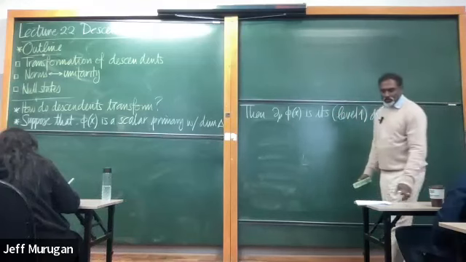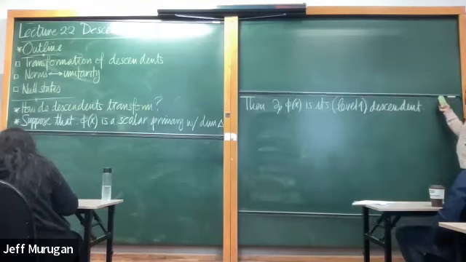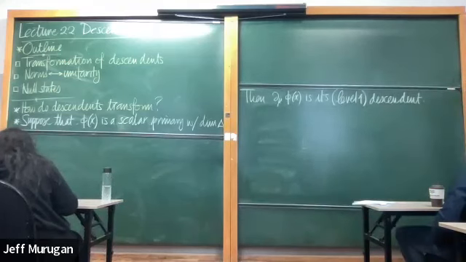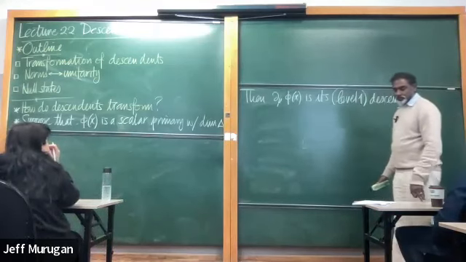And we want to know, how does this descendant transform? So we're going to start with a general conformal transformation.